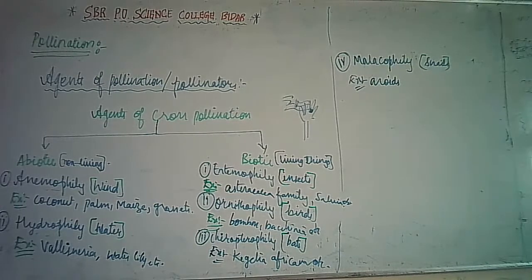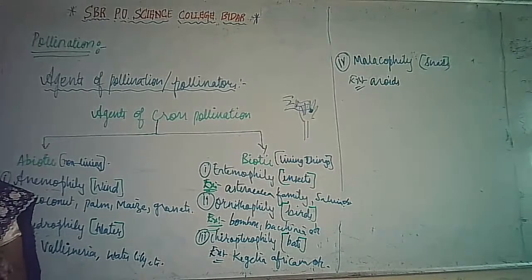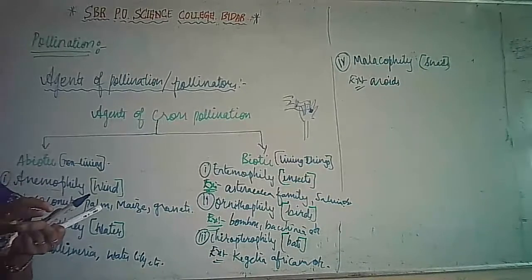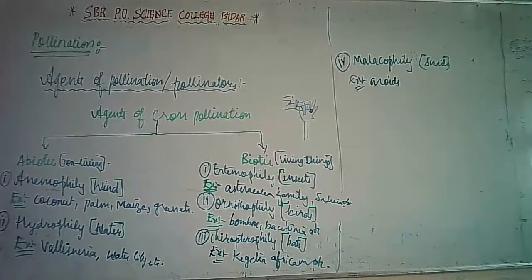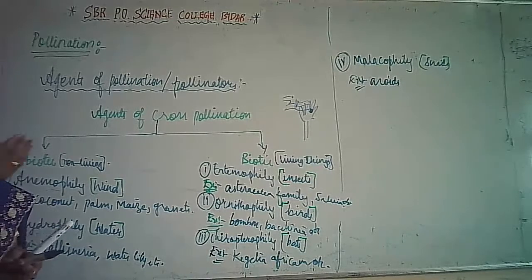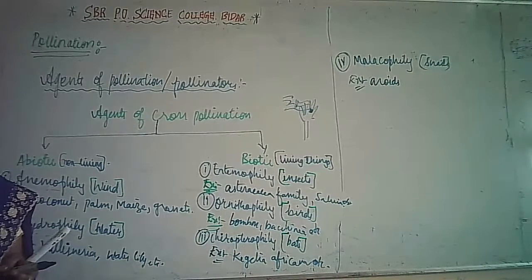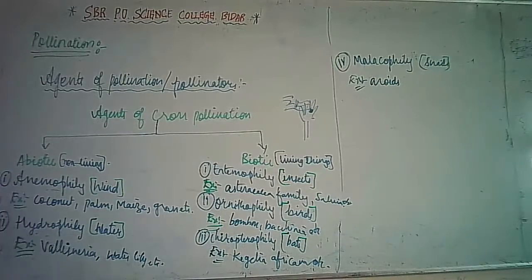So we can see here it is a hydrophyte. The plants are dioecious. Dioecious means unisexual. Staminate flowers will be present on a different plant. Pistillate flowers will be present on a different plant. So the transfer of pollen grains is taking place with the help of an agent called water, because these are hydrophytes. Hydrophytes are nothing but they are present in the water.